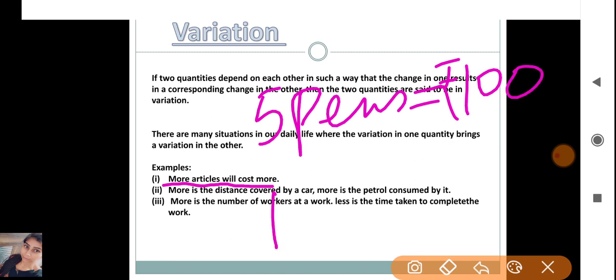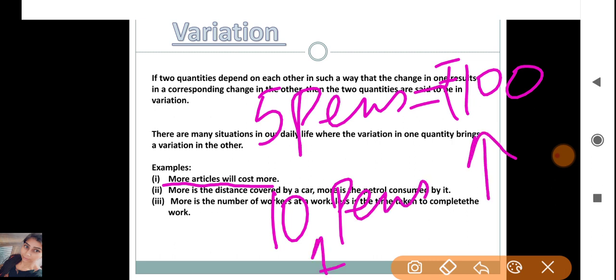So what will happen if you buy 10 pens? Obviously the price will increase. And what will happen if you buy 1 pen only? The price will decrease. So the more pens, the more the cost, and the fewer pens, the less the cost. That means here the number of pens and the cost are dependent on each other.